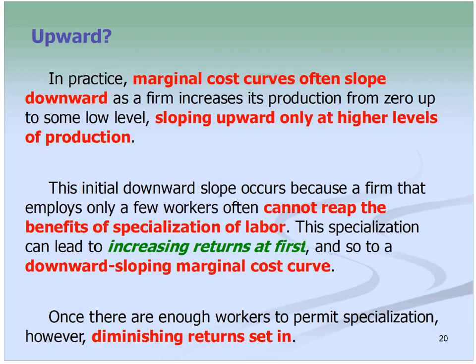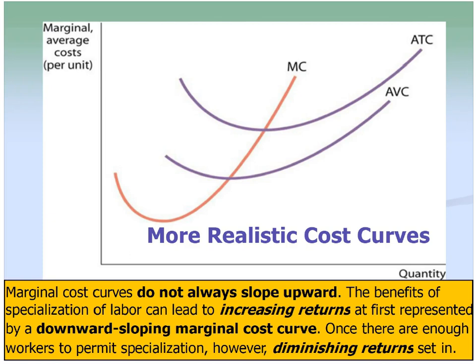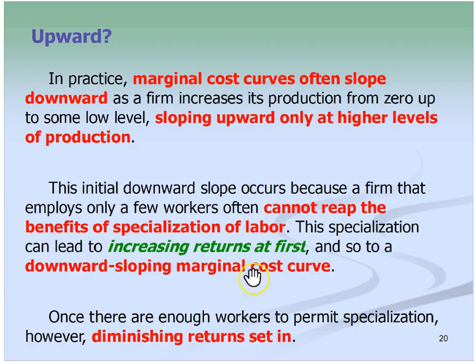Well, you may recall that's because of the swoosh that we see in the red marginal cost curve here. The swoosh is essentially taking advantage of those economies of scale on the initial end. So a lot of times the marginal cost curve is downward sloping before it's upward sloping, and the idea there is because as you start to ramp up and you add additional workers, you have the opportunity to take advantage of efficiencies.